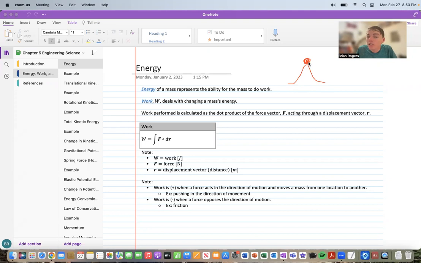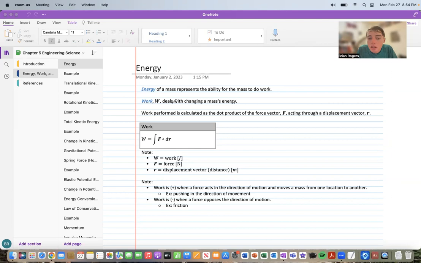So we're going to look at different types of forms of energy, but that's just one form because this ball can fall down and do work. So it can fall down the hill and start to roll. And so we're going to see that ball has a lot of potential energy stored in it at the top because it's able to fall down and start to move and perform work.